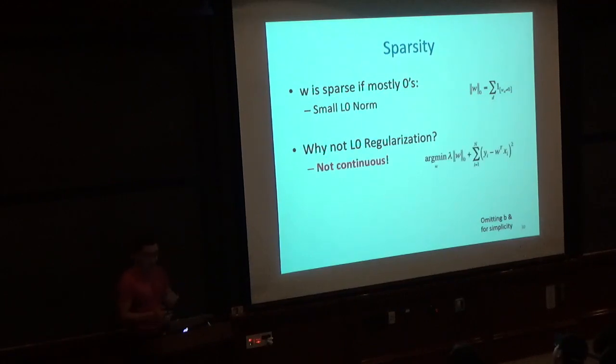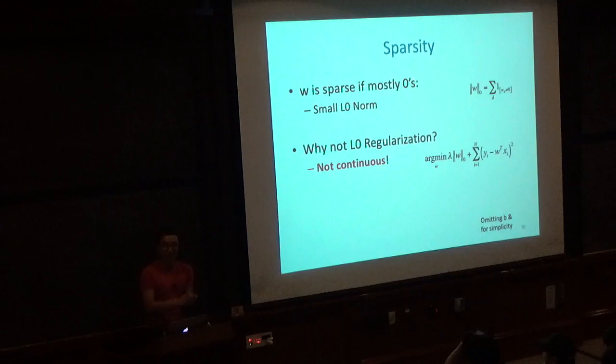Well, the reason, as you might expect, is that L0 is not continuous. It is a flat and discontinuous regularization penalty. You're either non-zero or you're 0. And either way, the objective function is flat or discontinuous, just like in 0-1 loss. That's why people don't directly use L0 regularization.